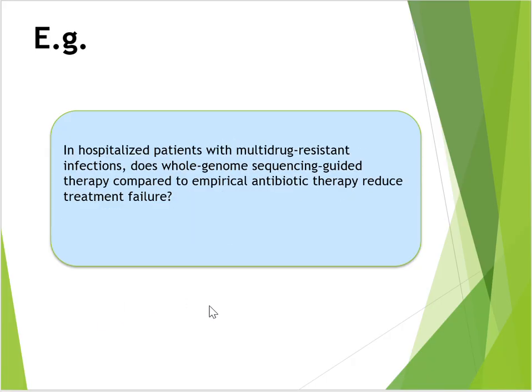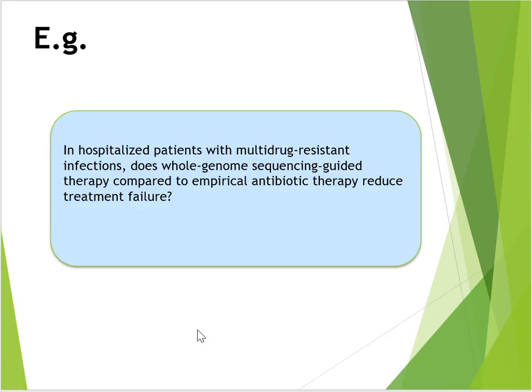In hospitalized patients with multi-drug resistant infections, does whole genome sequencing guided therapy compared to empirical antibiotic therapy reduce treatment failure? So the kind of population that we are targeting here, number one, patients who are hospitalized, not just patients who are maybe sick and at home, or outpatient.